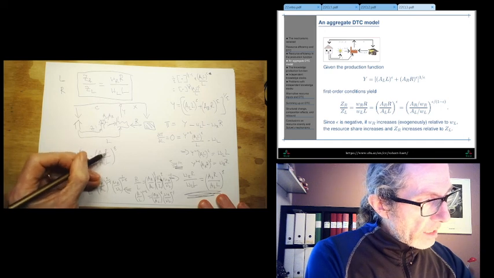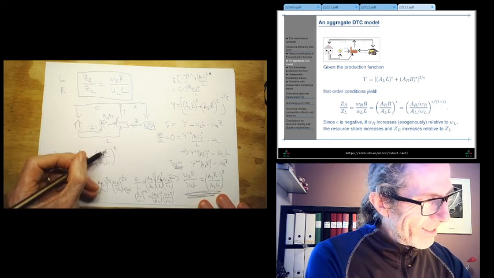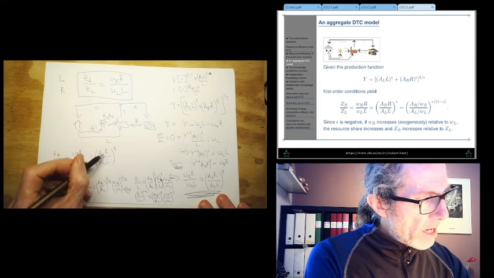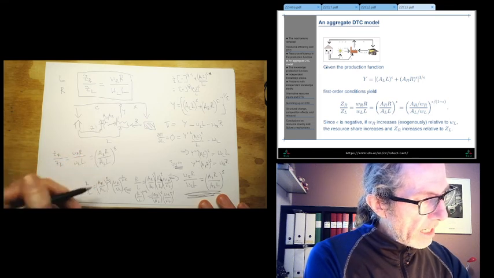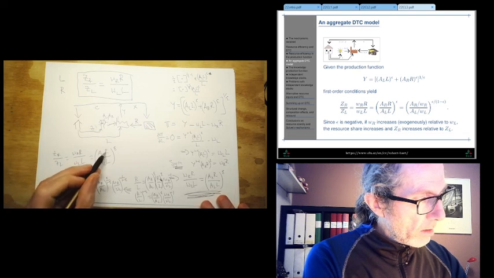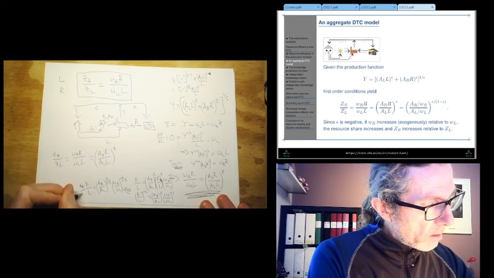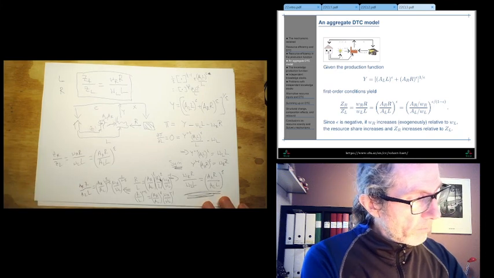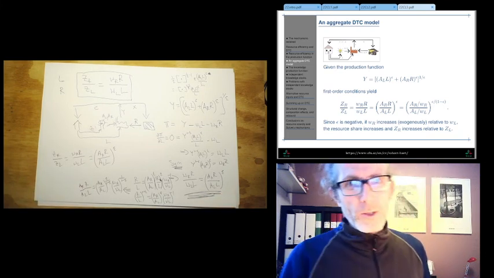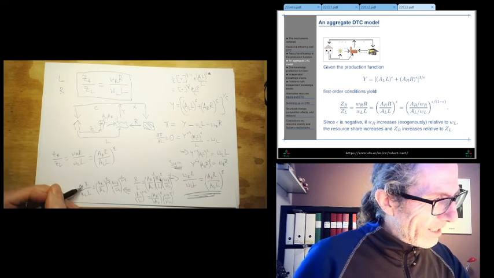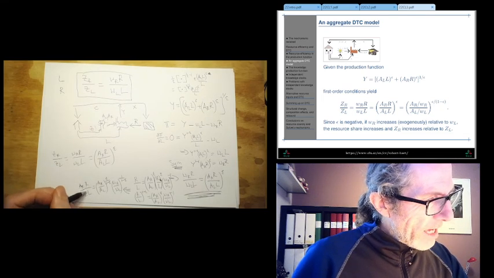Now we want to stick that in here, because actually what we really want is ARR over ALL. So we multiply by AR over AL.